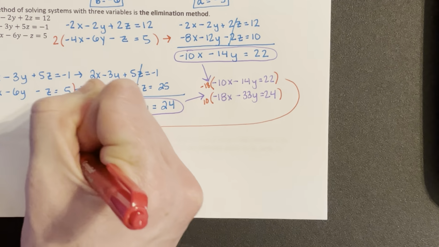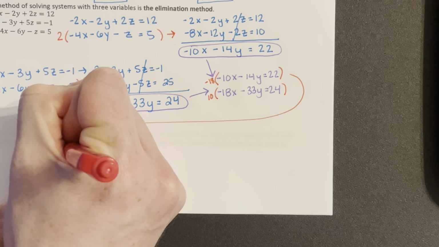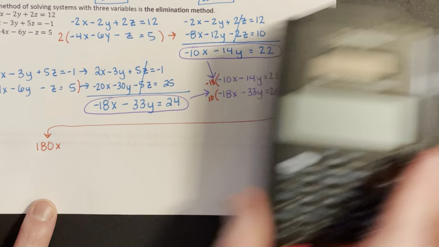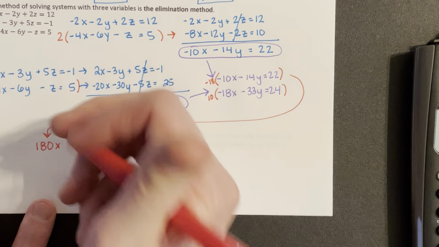Negative 18 times negative 10 makes that positive 180x. Negative 18 times negative 14. We'll have to use the calculator for that. It's 252.